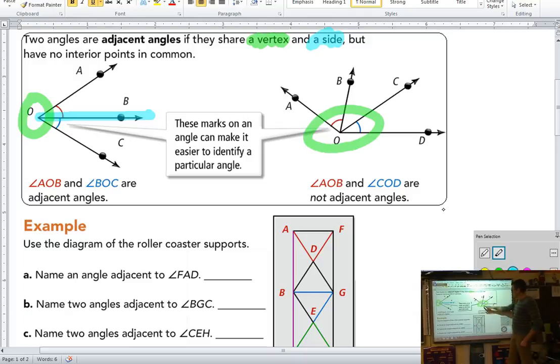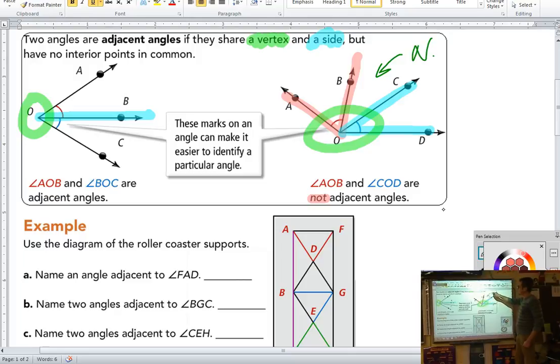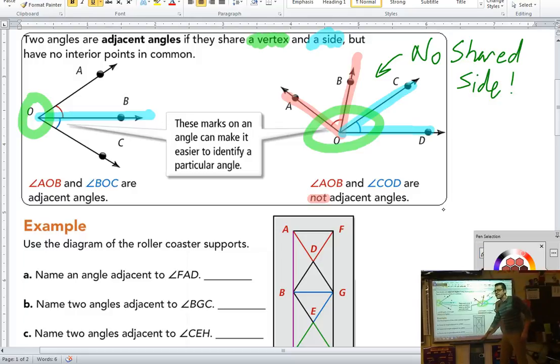But if I think about my blue angle using these rays and my red angle using these rays, do they share a side? No. So that makes them not adjacent angles because there's no shared side. You have to have both to be adjacent.